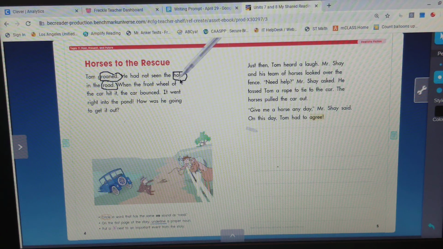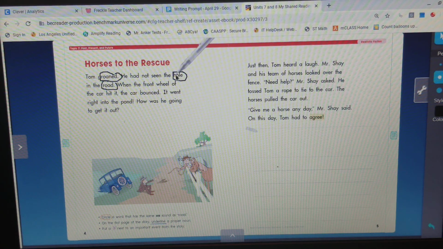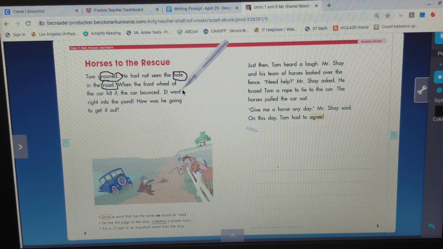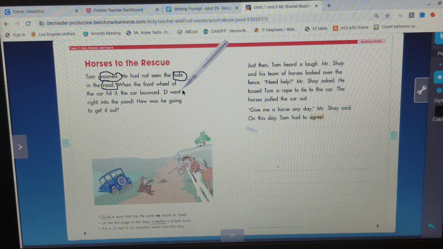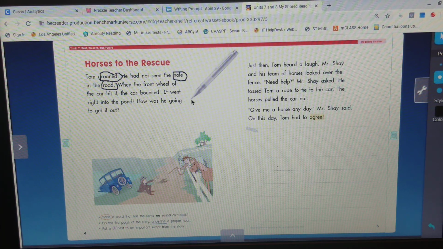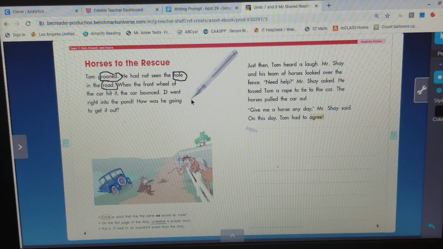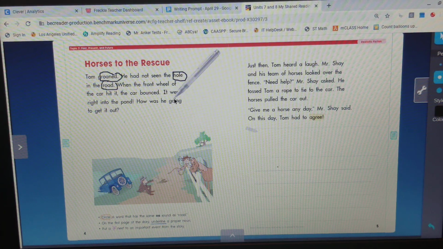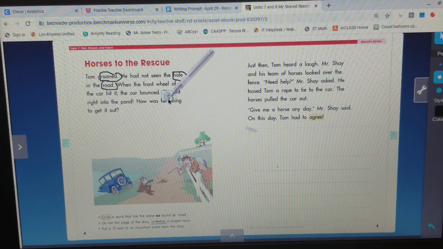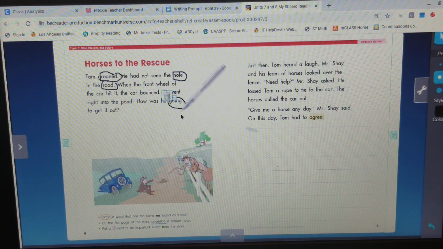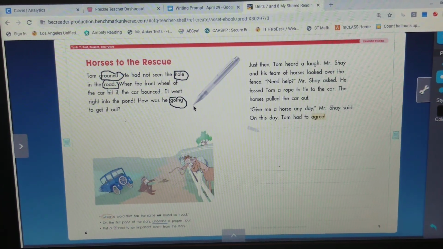In first grade, O-blank-E, that E at the end makes the first vowel say its name. Anything else? Yes, you're right. Going. Because we know the O by itself can say O, and even if it has ing on it, it's still saying O, going.